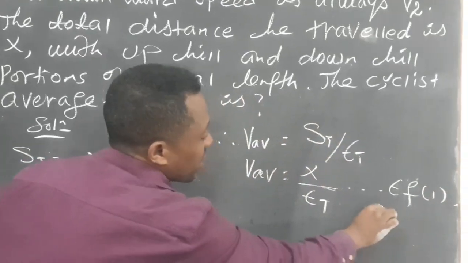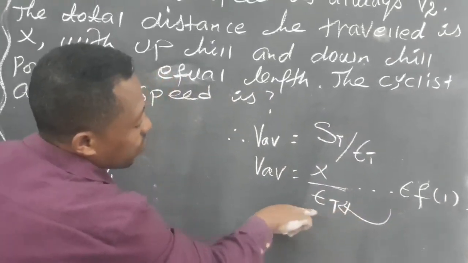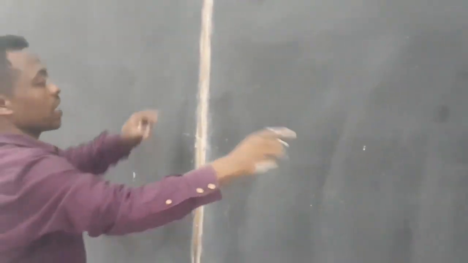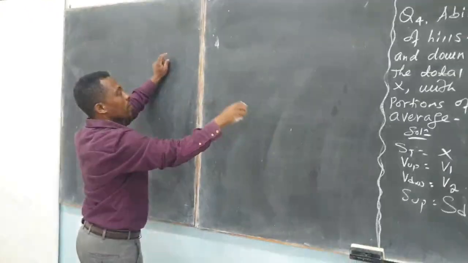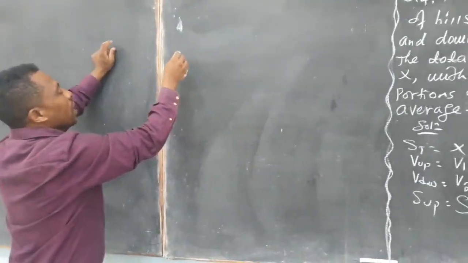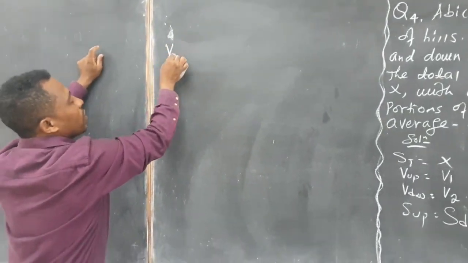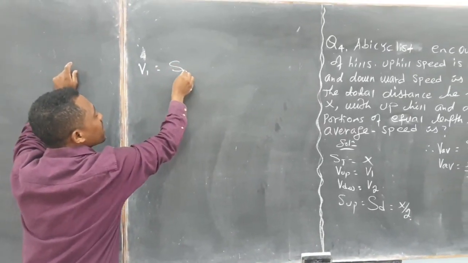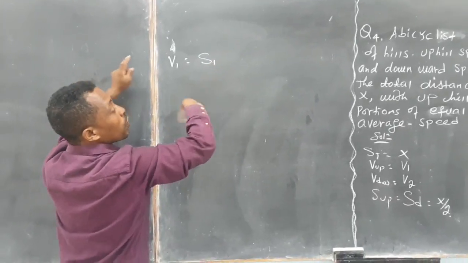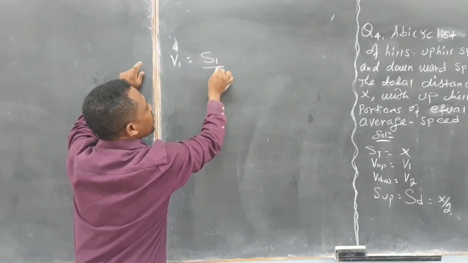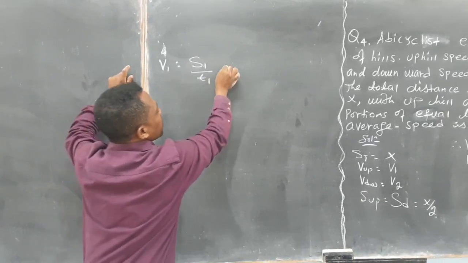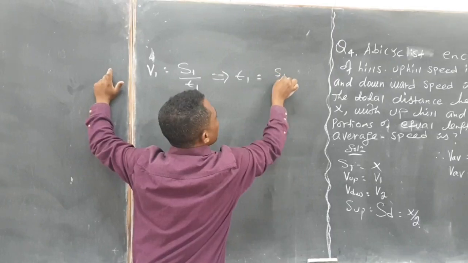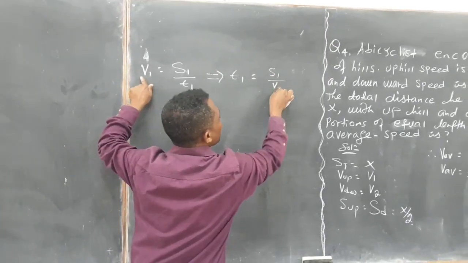Our second target is to find the total time. Look, my dear, as we know, velocity v1 is equal to the distance of portion 1 over t1. This implies that t1 is simply s1 over v1.